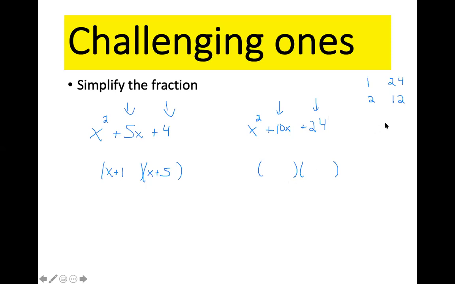What's the next number? 3 times 8? That's a number. 4 times 6. That's the one. So this one turns into x plus 4, x plus 6. There we go.